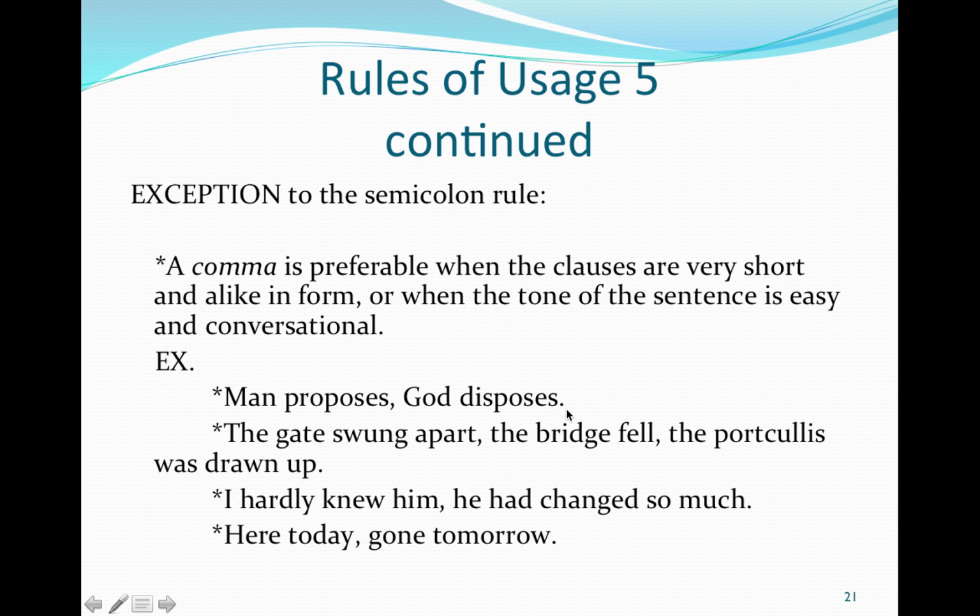Man proposes, God disposes. The gate swung apart, the bridge fell, the portcullis was drawn up. I hardly knew him, he had changed so much. Here today, gone tomorrow. Okay, so think about that before you actually utilize that. And again, when in doubt, don't try to use something new.